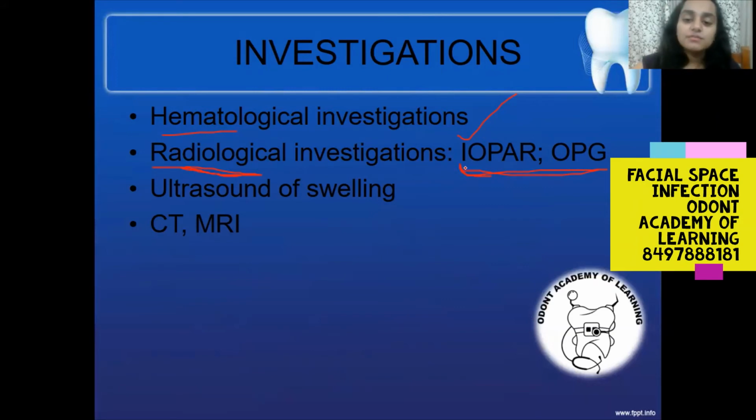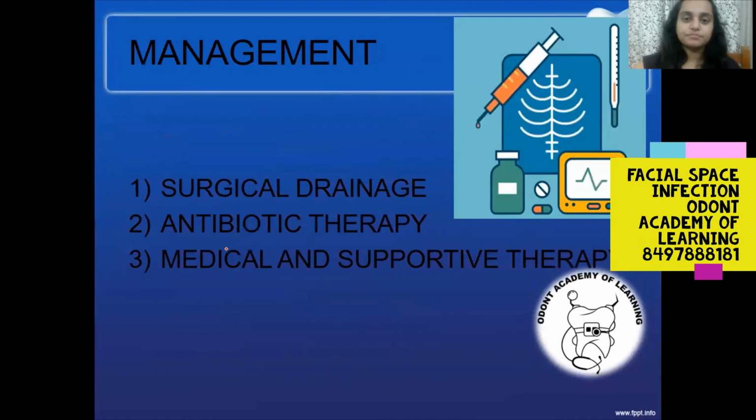Now, in case we see IOPA and OPG and realize that there is absolutely no offending tooth, in case we are suspecting a salivary gland infection in terms of maxilla, we can always consider parotid gland infection. Then we can advise the patient for an ultrasound. And in advanced cases, CBCT, CT or MRI can be considered to know the extent of the infection.